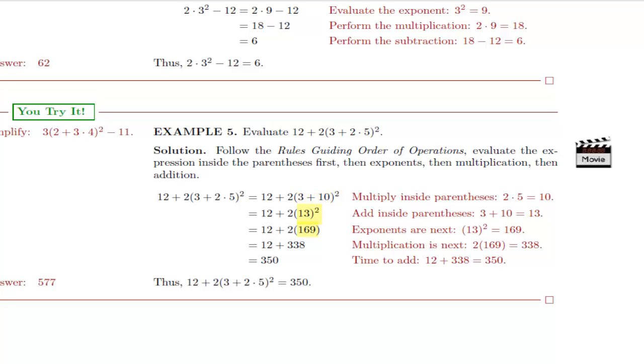Then, 13 squared, or 13 times 13, is 169. Then, by operation 3, 2 times 169 is 338. Then all that remains is to add 12 to 338 to get 350. So the simplified answer is 350.